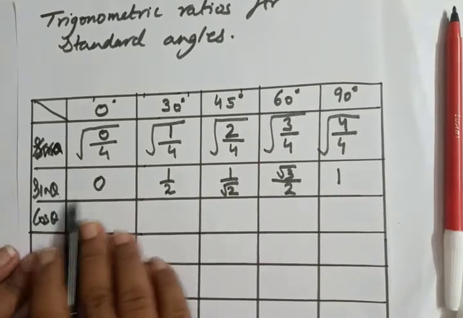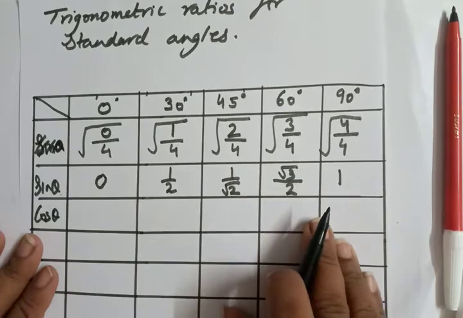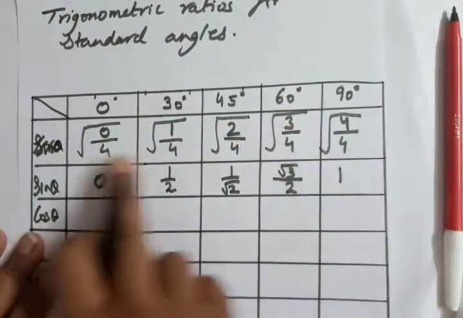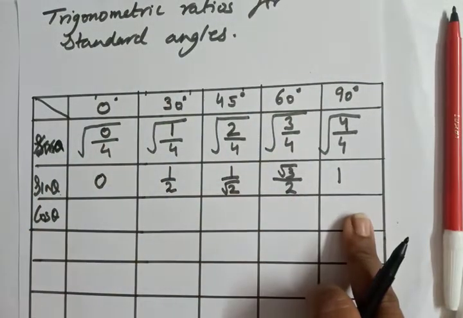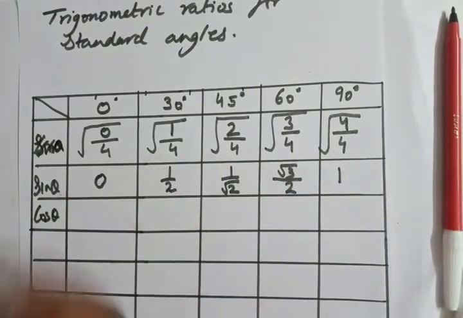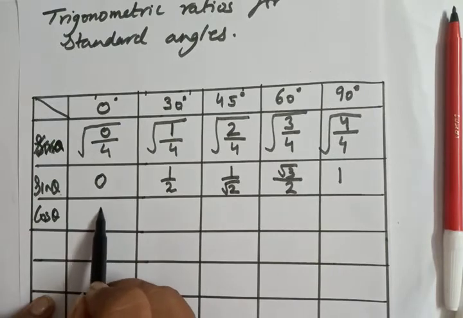Quite easy. If you are able to find out sine theta, that is very easy. You have to write 0 1 2 3 4 divided by 4 and take the under root, and you can take out the values of sine theta. Or how could we find out the cos theta? We will just change the order. For 90 degree, here it will come 1.